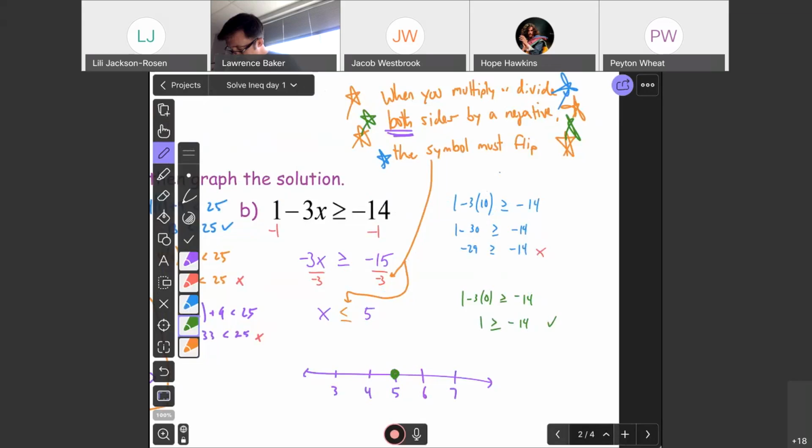Alex, should I do arrow to the right or arrow to the left? To the left. Left? Okay. All right, you guys good with that? Closed circle, arrow to the left? Does it seem like it needs to be fixed?